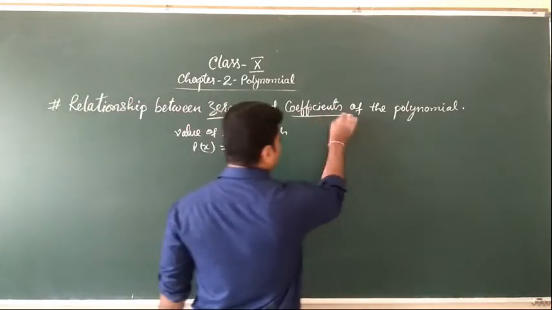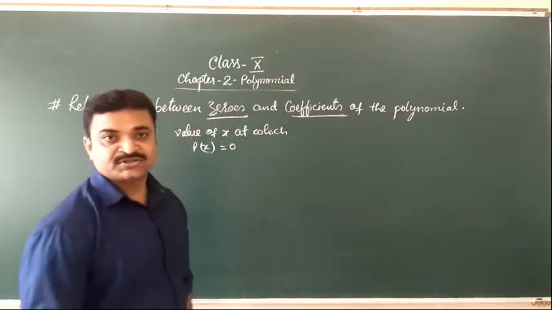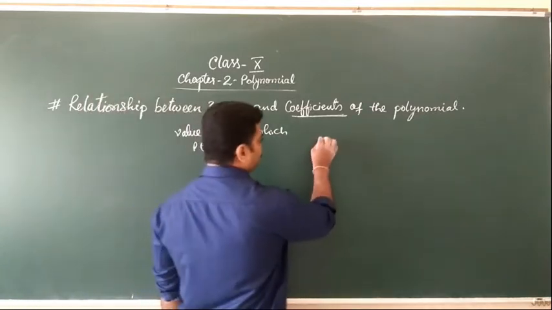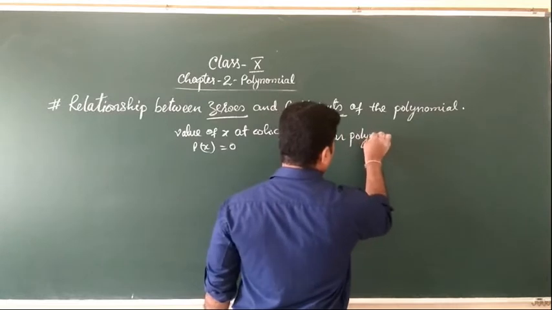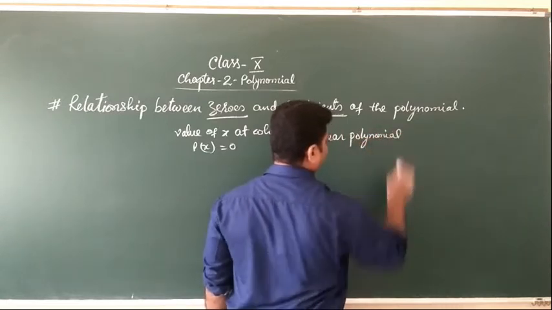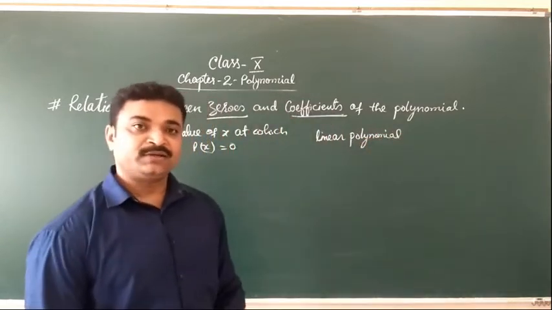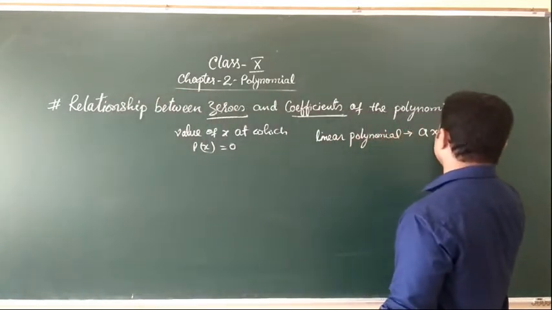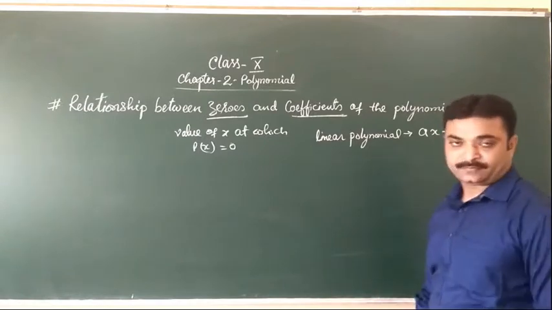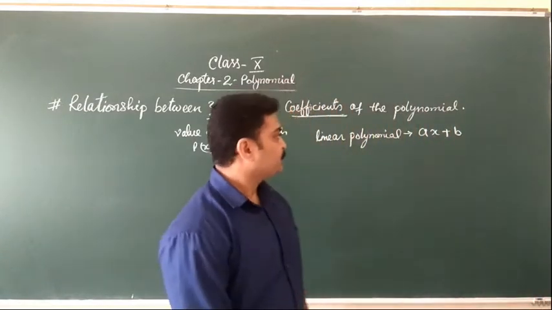Now, what are coefficients? Suppose I am talking about a linear polynomial. What is the general form of a linear polynomial? We can write ax plus b.